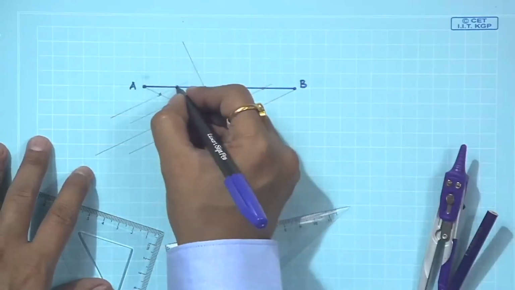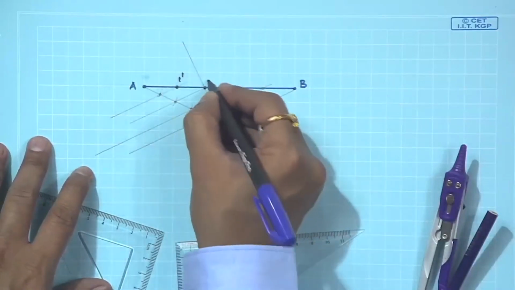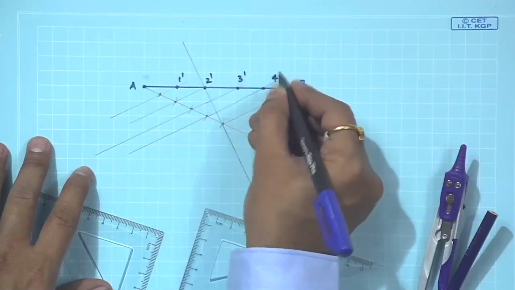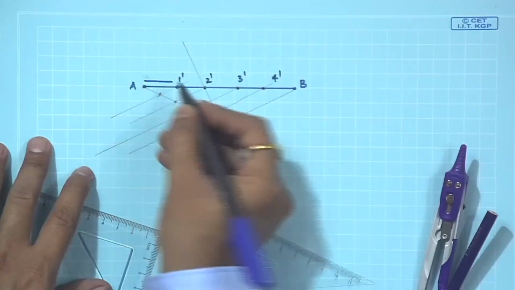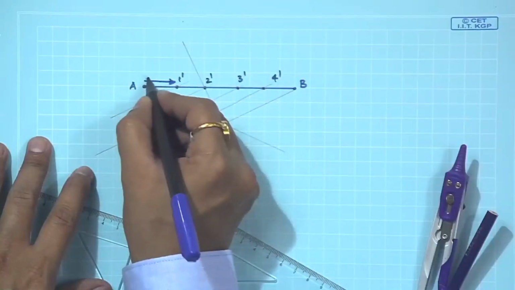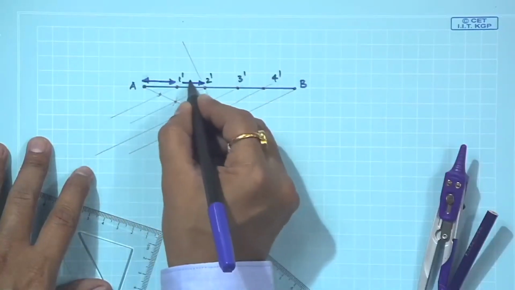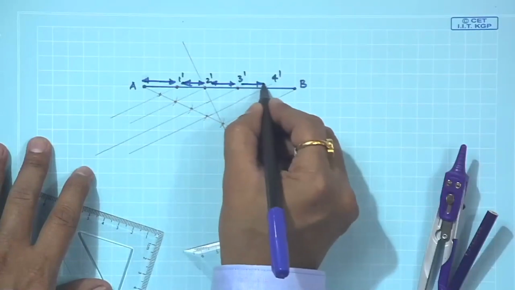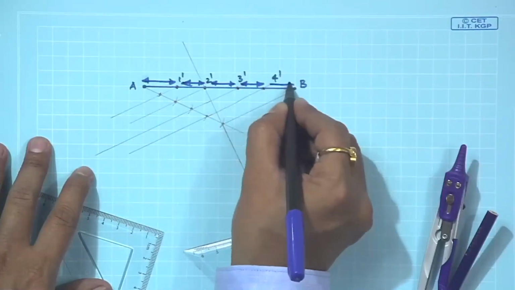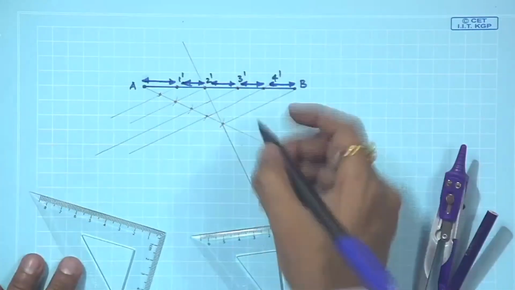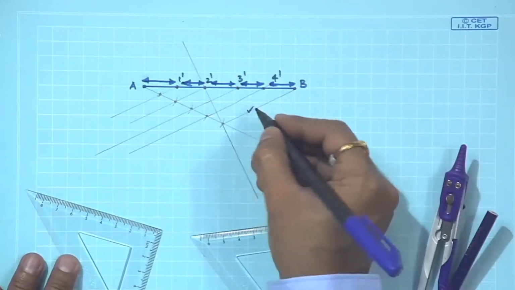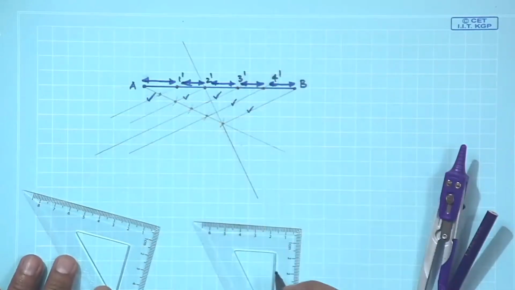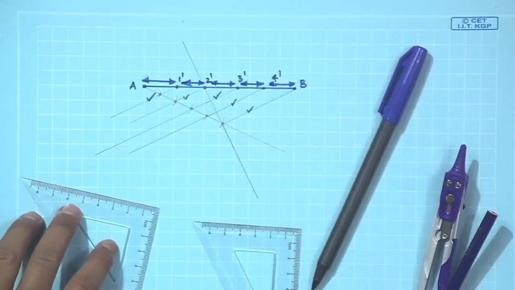So, let us call them 1 prime, 2 prime, 3 prime, 4 prime. So, A 1 prime is equal to 1 prime 2 prime is equal to 2 prime 3 prime is equal to 3 prime 4 prime is equal to 4 prime B. So, it depends on how careful you are in constructing these parallel lines, you will be in a position to make it into 5 equal parts.